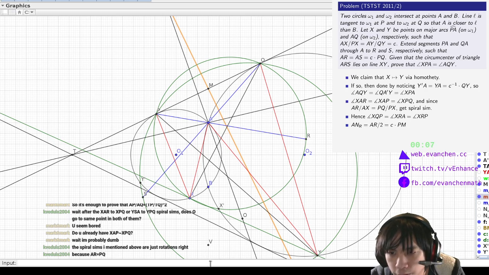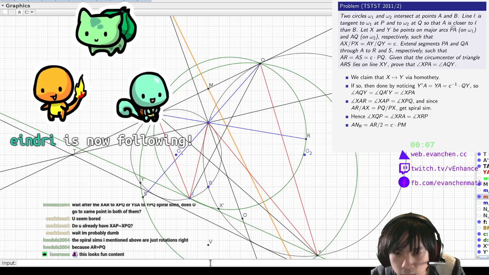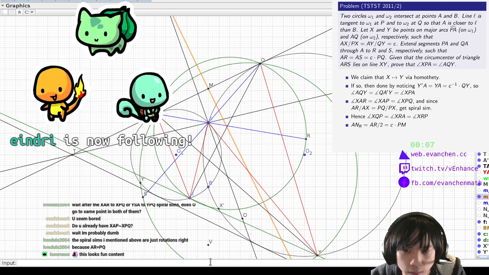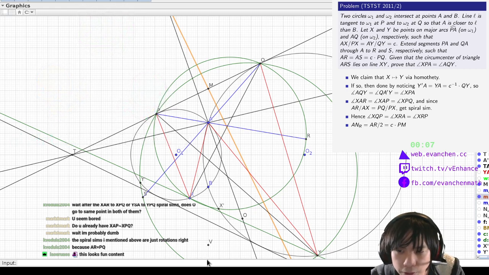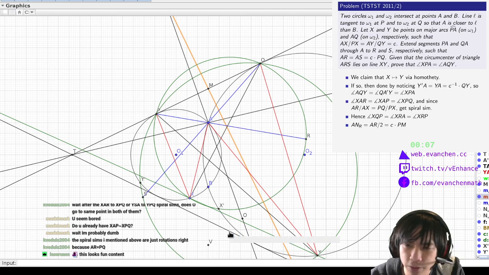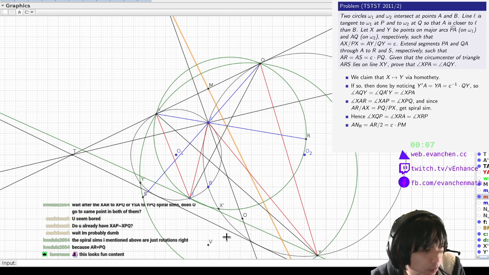AOR is supposed to map to PQ, wherever that point is. Because AR is equal to PQ. AR is equal to PQ? No, it's not. What?